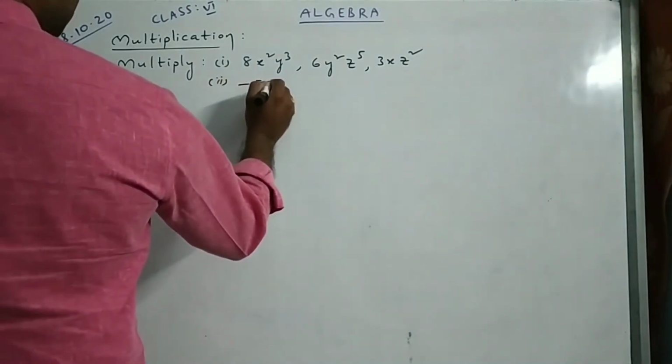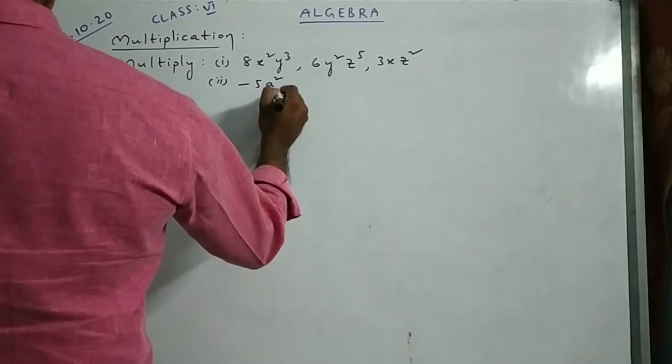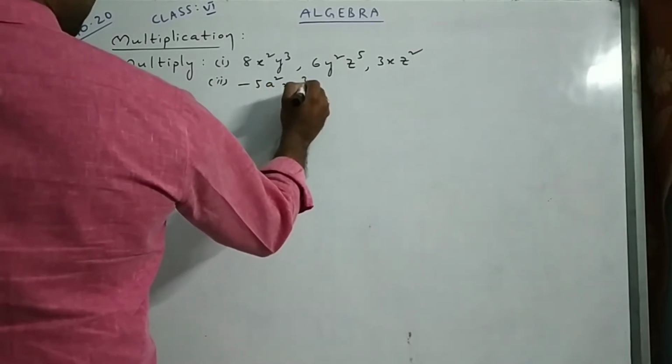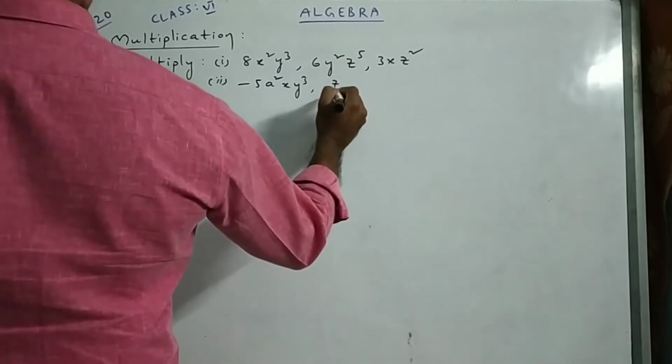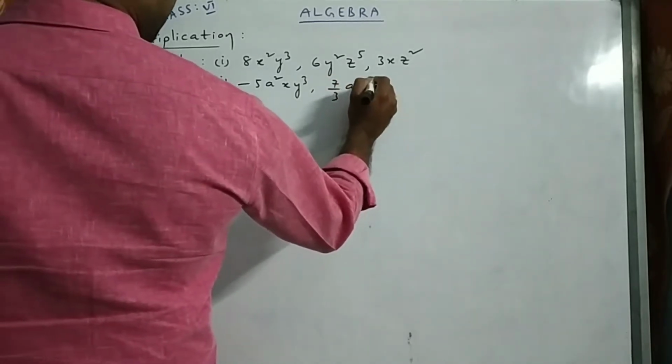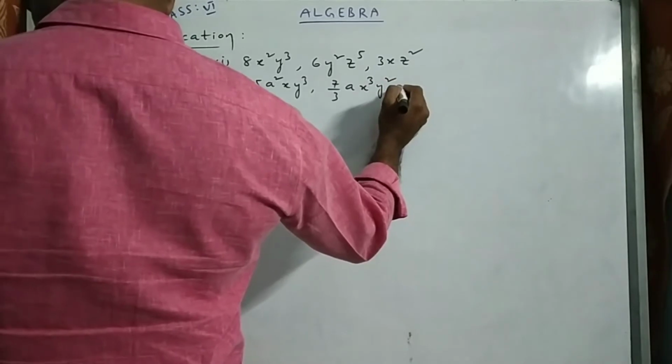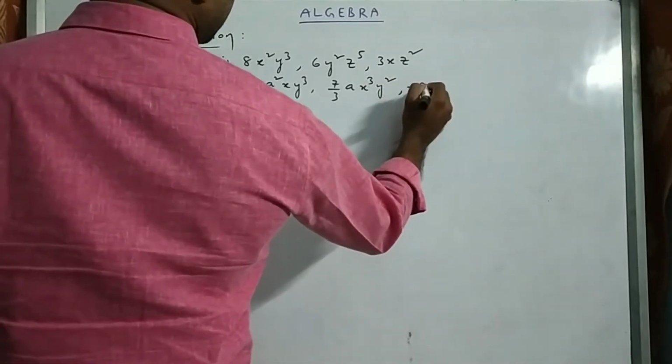Minus 5a square xy cube, 7 by 3 ax cube y square, minus 9xy.